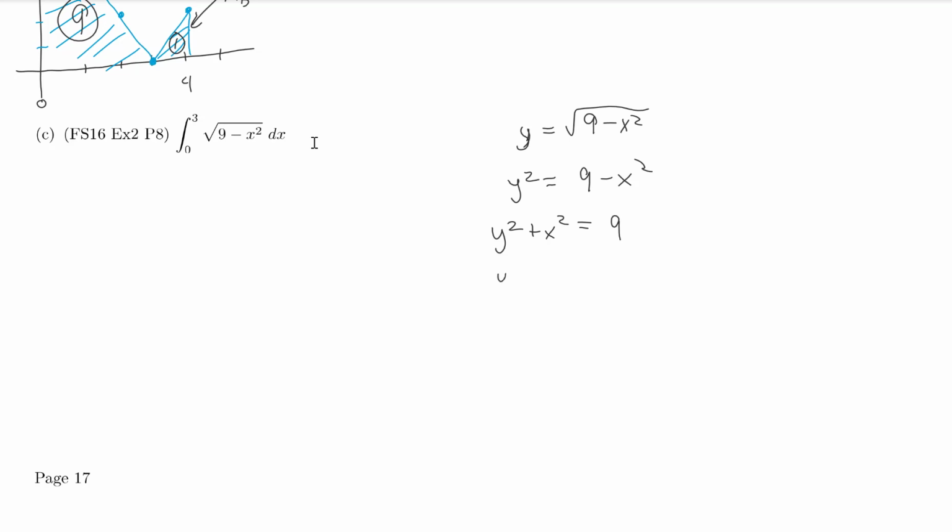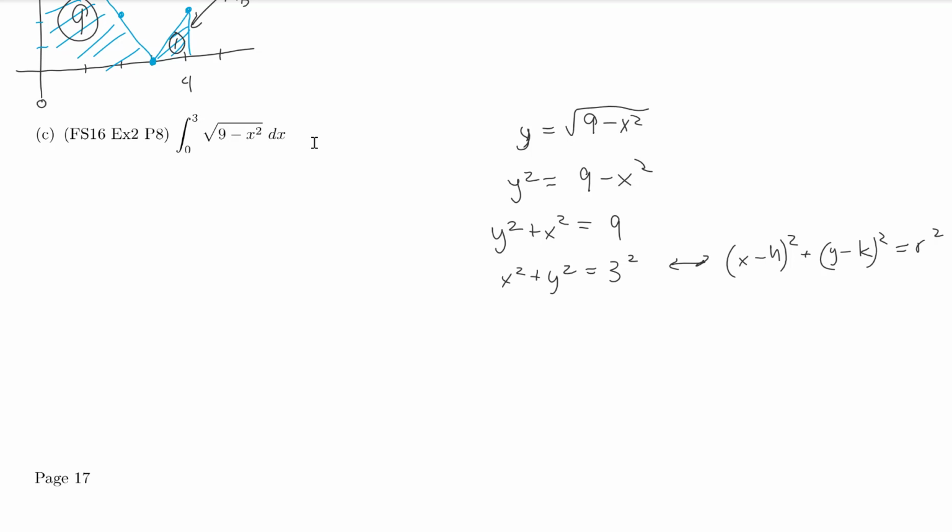And I could rewrite that as x squared plus y squared is equal to 3 squared. And this fits into our circle equation, which is x minus h squared plus y minus k squared is equal to r squared.